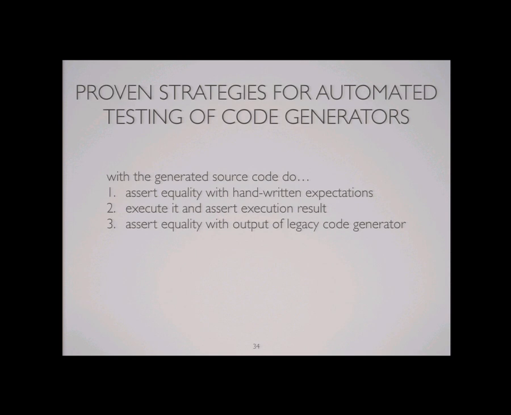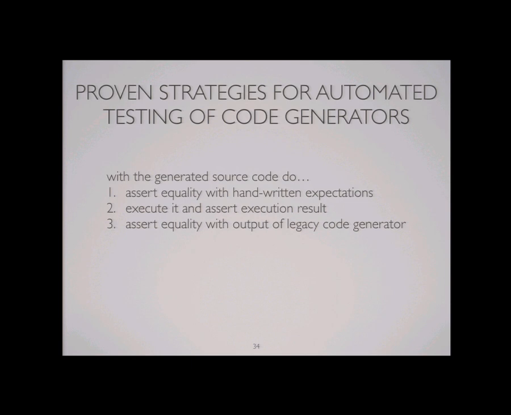But there's more. We've had projects where we wanted to replace legacy generators. Then it's nice to take real-world projects and generate them with the old generator and also generate them with the new generator and then compare the output of both generators and see if it matches. Usually we don't want to match it 100% because it would be too much effort to do a perfect character-identical match.